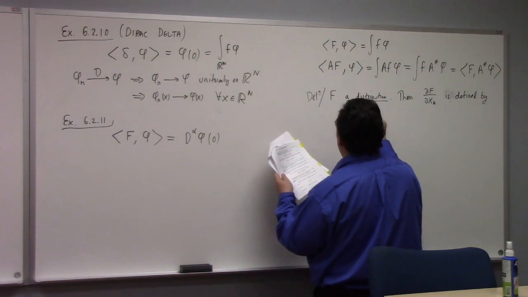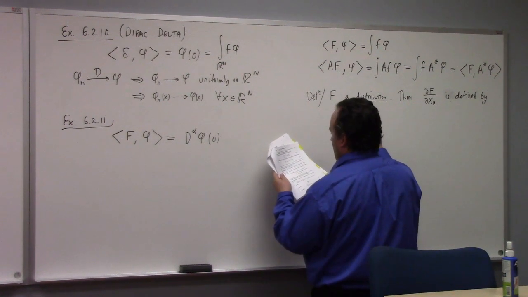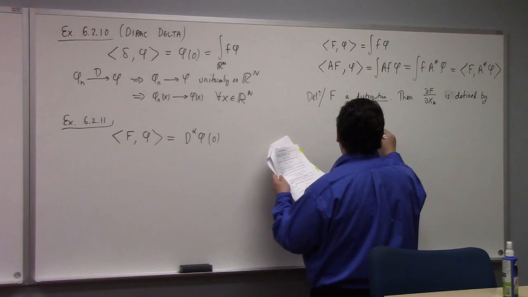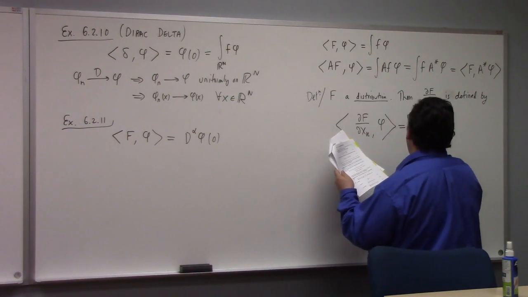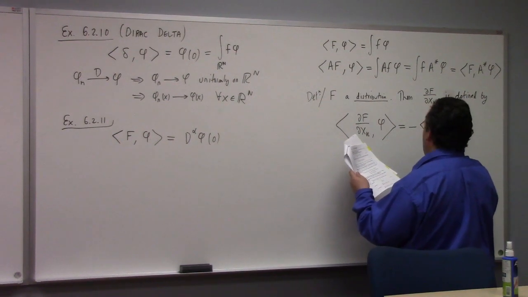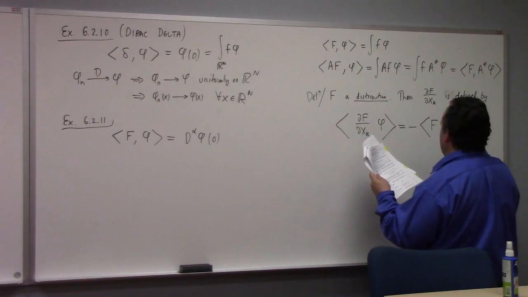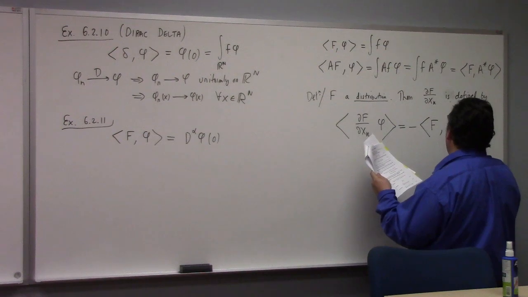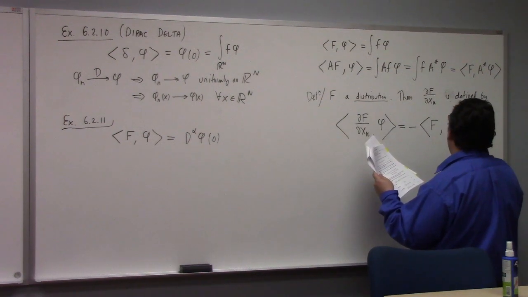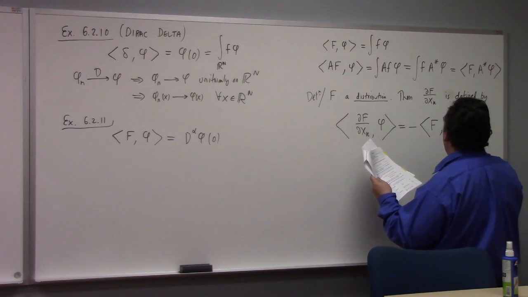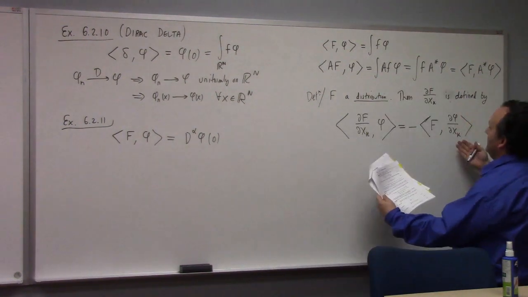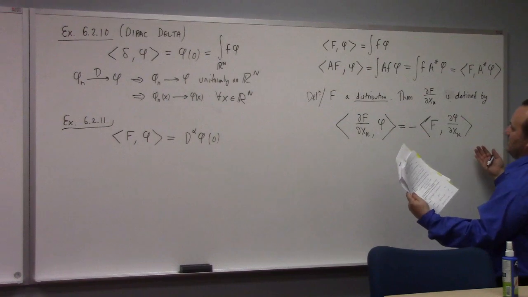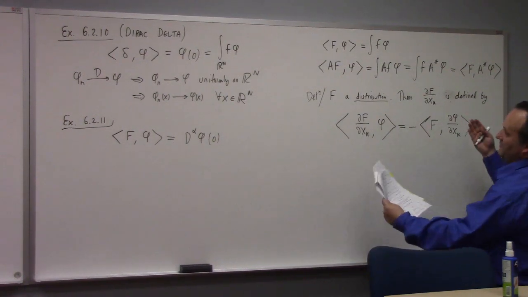Partial f partial xk on the test function phi is equal to minus the given distribution f acting on the corresponding derivative of the test function. And the reason for the minus, as you filter through this idea up here with respect to the differentiation, is that we have integration by parts inducing the minus.